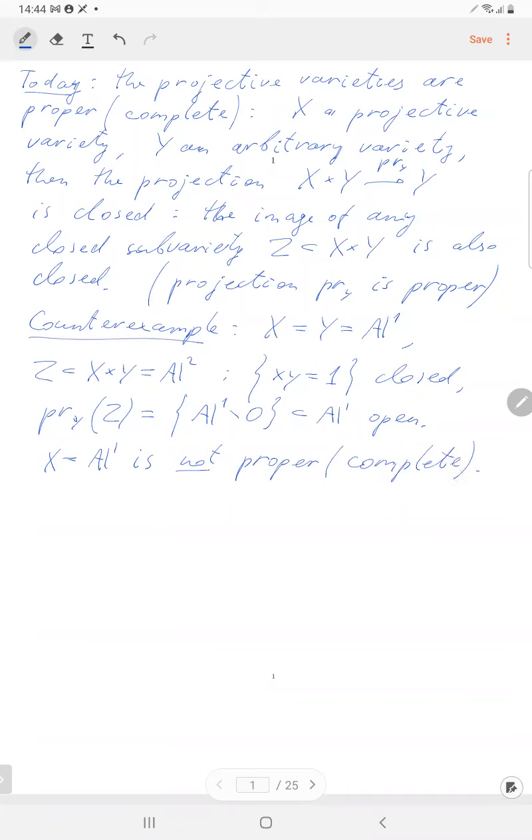Okay, and while we are here, let's consider another counterexample, or example maybe.